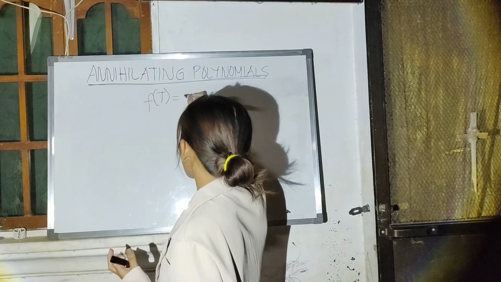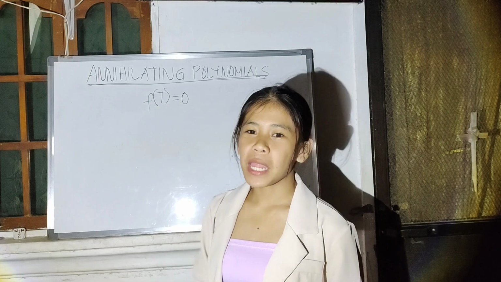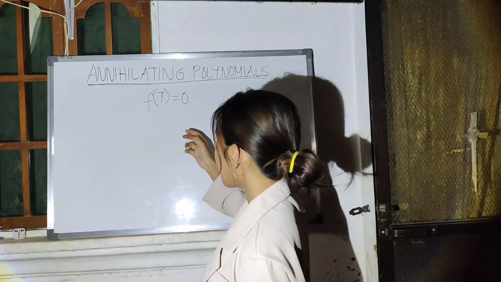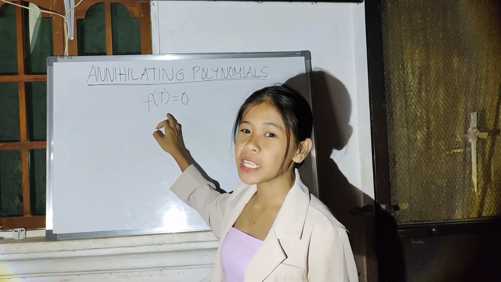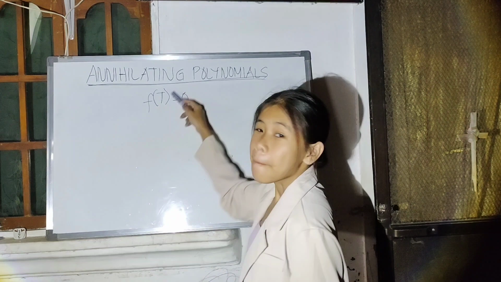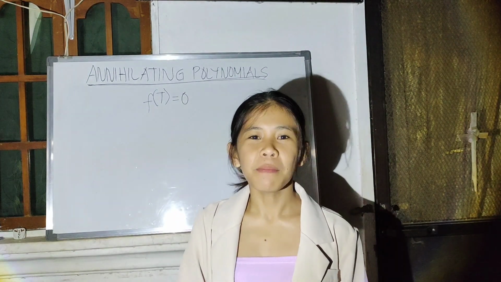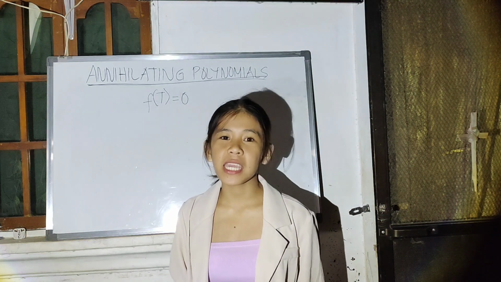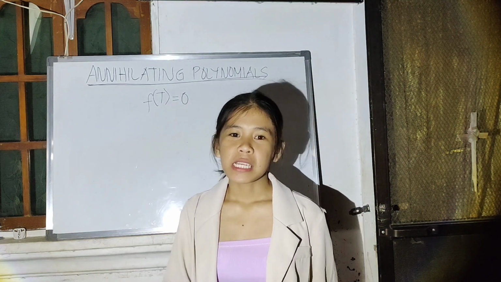then f of T is equal to 0. In other words, when you replace the variable t with the operator T, the result is the zero transformation. This means that the minimal polynomial of T divides the characteristic polynomial f of t.